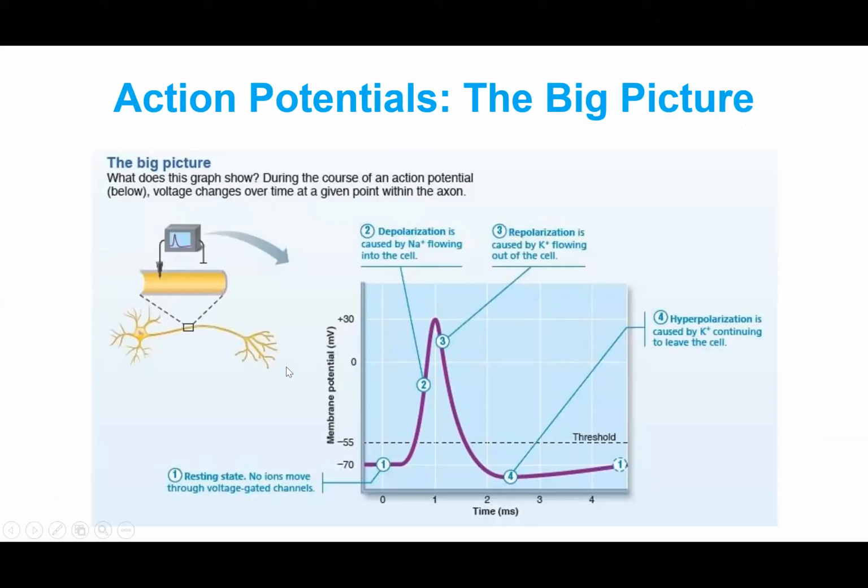And the big picture, what is this graph showing? So this graph is showing that during the course of an action potential, the voltage is going to change over time at a given point within the axon. So at resting state, our voltage is this minus 70 millivolts, and there's no ions that are moving.